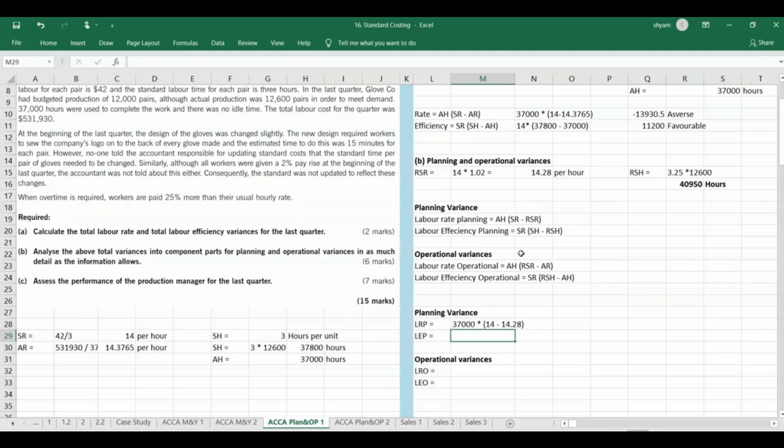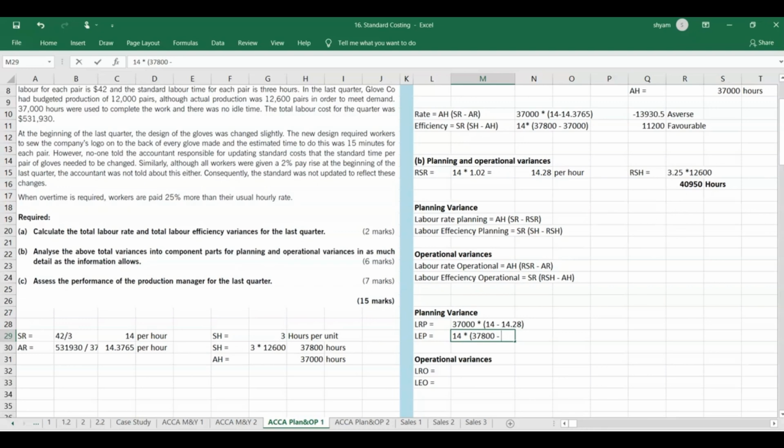The next one is SR minus SH. SR is 14, SR into SH. SH is 37,800 minus RSH.